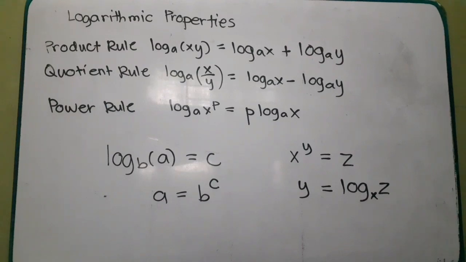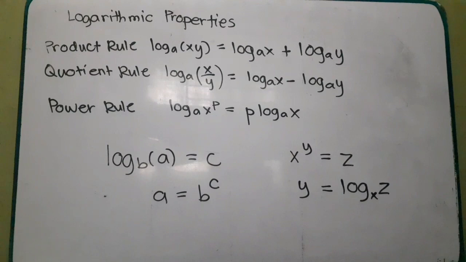Next is the quotient rule. Log of x over y base a is equal to log of x base a minus log of y base a. So for the product rule, when you rewrite it into individual logs, it is plus, while for the quotient rule, it is minus. Then next is our power rule.